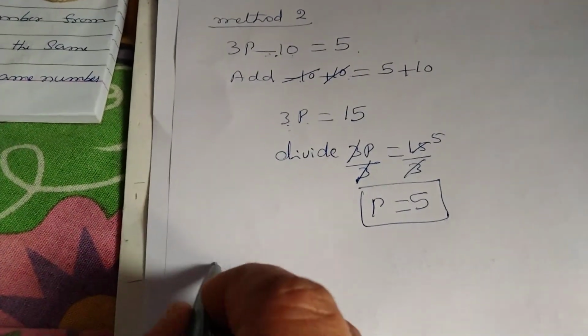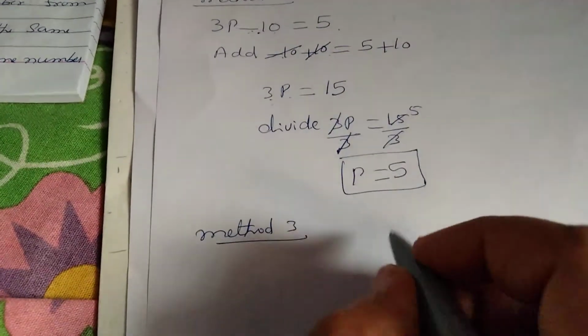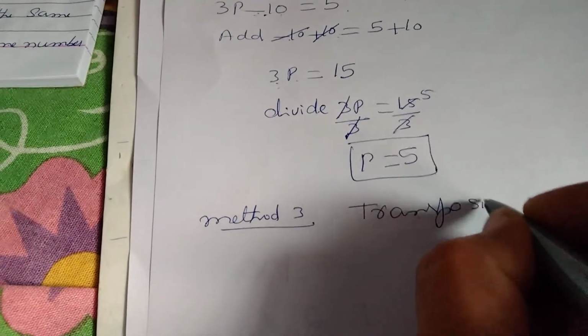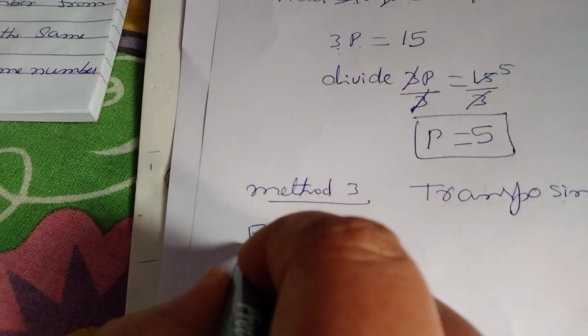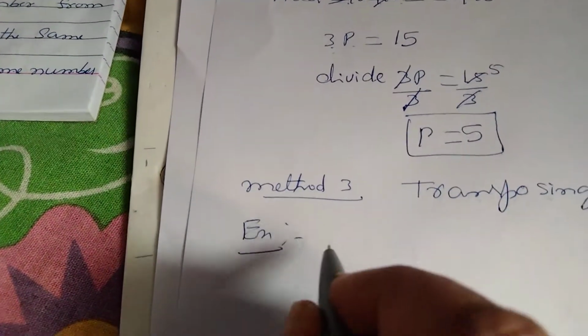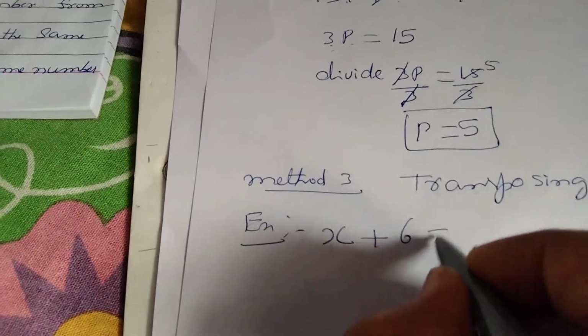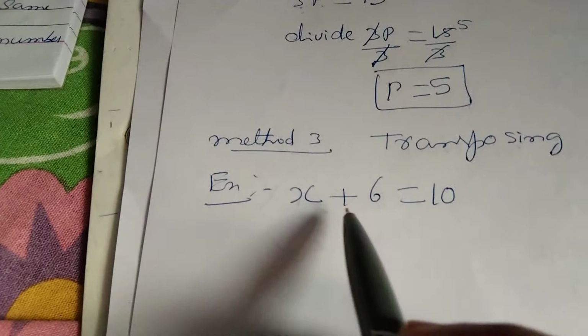So method number 3, the transposing method. What is this transposing? Let us learn with an example. For example, x plus 6 is equal to 10. What does transposing mean?